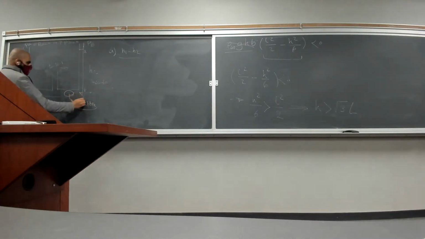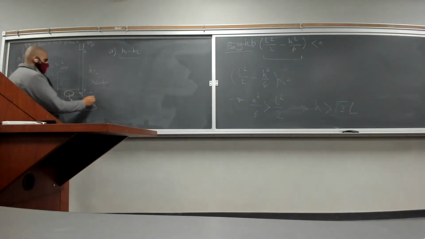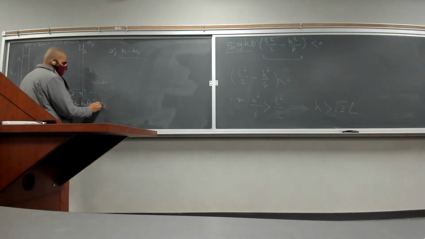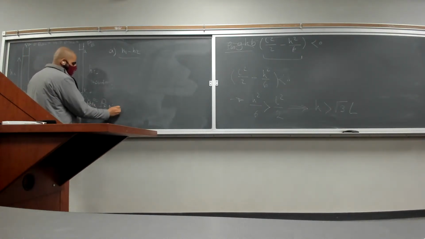P1, P2. Okay. P1 is going to be equal, it's a hydrostatic pressure, so it's going to be equal to PA plus gamma of water, or rho g of water, H1, right? And P2 here is going to be PB plus gamma of water, H2.